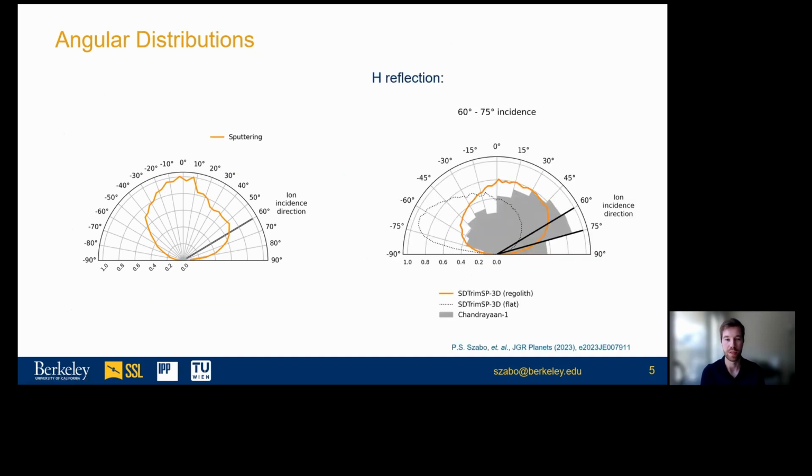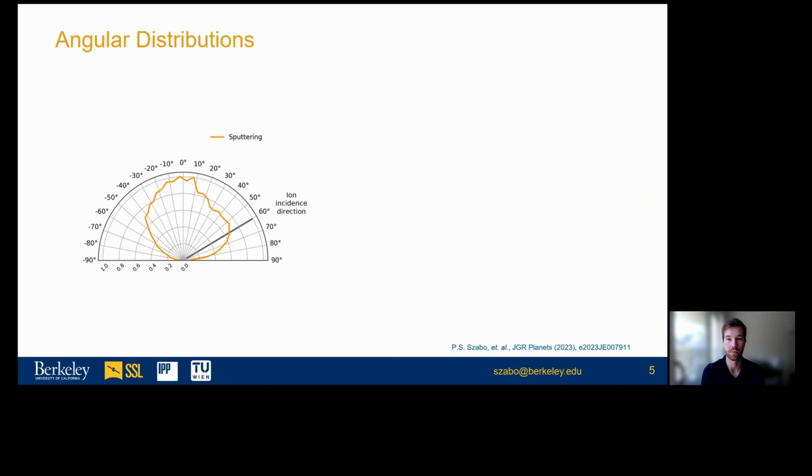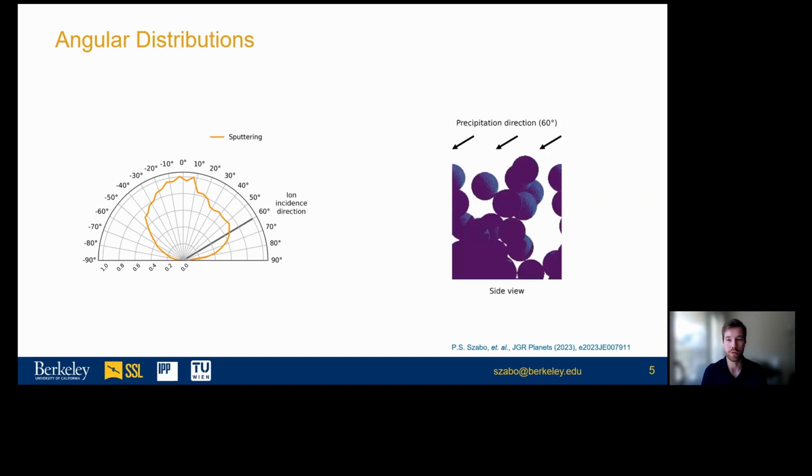And as I showed on the previous slide, this is something that we similarly observe in the hydrogen reflection, which makes sense because both of these features are a result of the solar wind interacting with the same regolith. It can generally be understood from a geometric point of view, where we sketch here impact points of solar wind ions that mostly impact on the sun-facing side of the regolith.